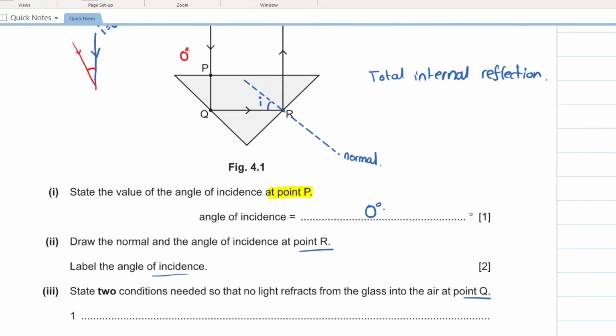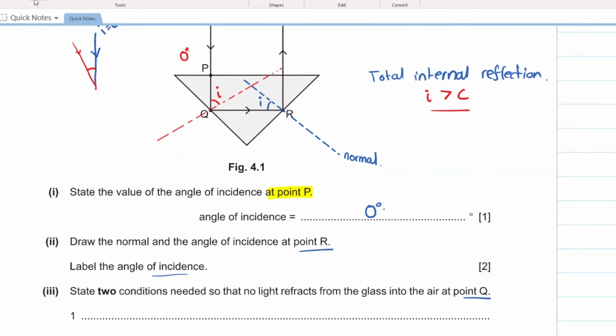Total internal reflection said that if you draw a normal here like this, and let's make it dotted so that we know this is a normal, and if your angle of incidence I is greater than the critical angle, then the ray will reflect back into the medium. It will not cause refraction.